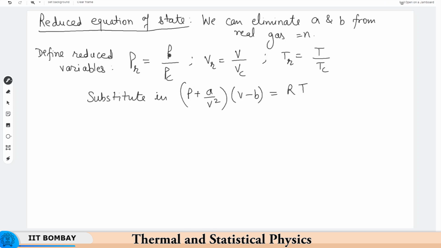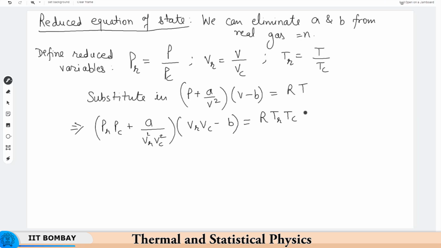You just substitute P equals P_R P_C, V equals V_R V_C, T equals T_R T_C in this equation, which I'll do. So this becomes (P_R P_C plus A divided by V_R V_C squared) times (V_R V_C minus B) equals R times T_R T_C.